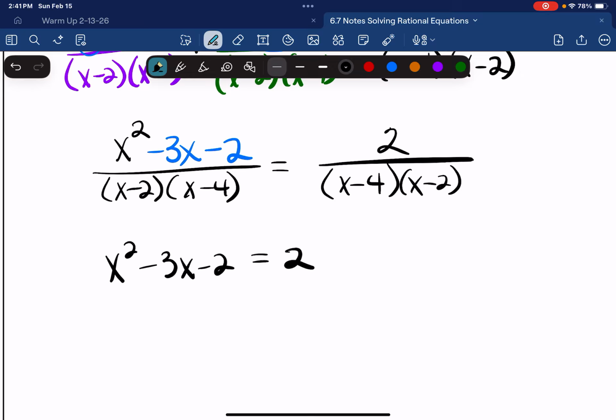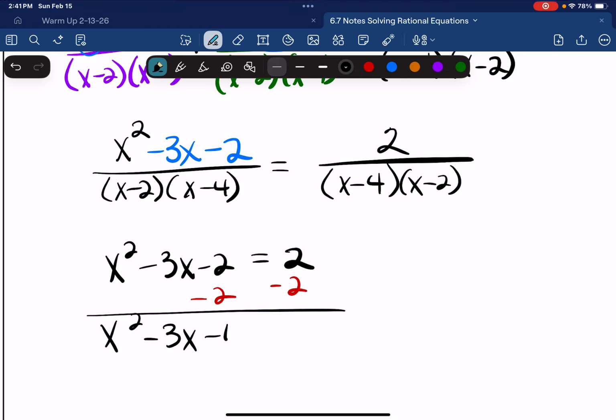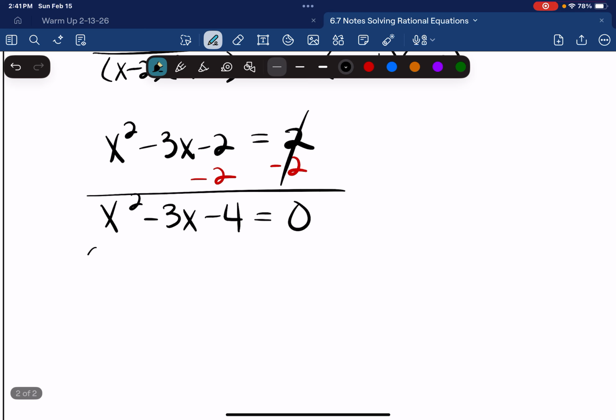And how do we solve a quadratic? We just set it equal to 0. So I'll go ahead and subtract this 2 from both sides of the equation. And that gives us x squared minus 3x minus 4 equals 0. And the factors of negative 4 that combine to make a negative 3 are a negative 4 and a positive 1, right?